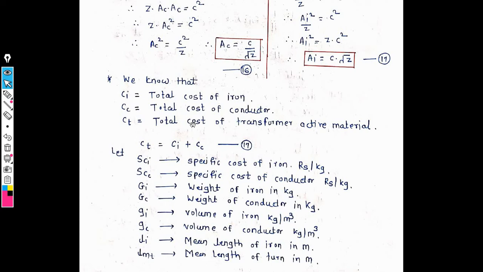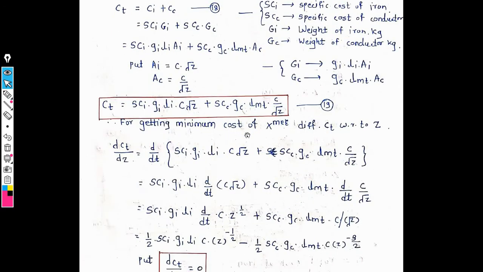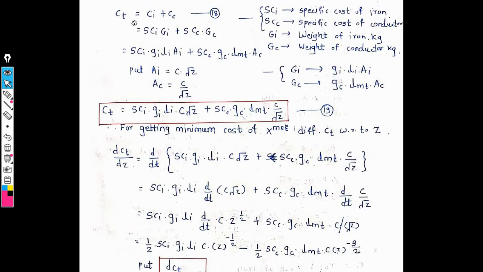Then go to the next equation to find the total cost. CT is equal to CI plus CC, that is SCI into GI plus SCC into GC. SCI means specific cost of the iron, SCC means specific cost of the conductor, GI means weight of iron, and GC means weight of conductor.